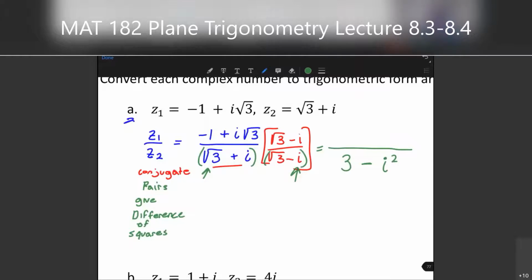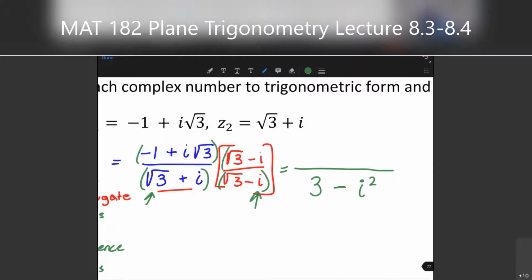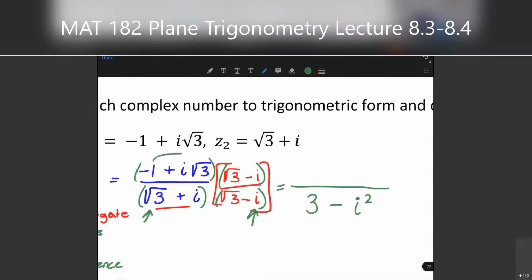And now we need to do a foiling on the numerator. So we do have some foiling to do here. We have the product with -1, 1 of 3, so that'll be -1 square root of 3. Then -1 times -i, that'll be just a plus i.